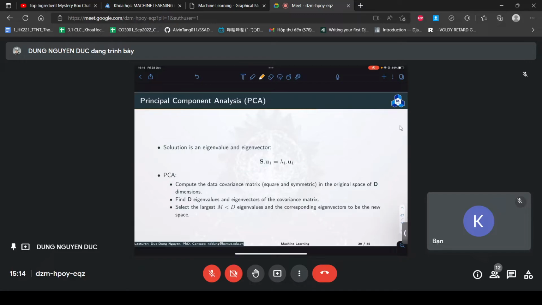I'm sorry because the word is messing up, but anyway, we are going to pick some dimension that has the highest variance. Okay, and because of this, we can preserve most of our information.